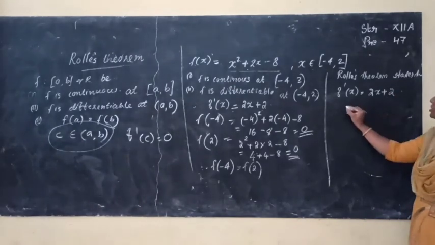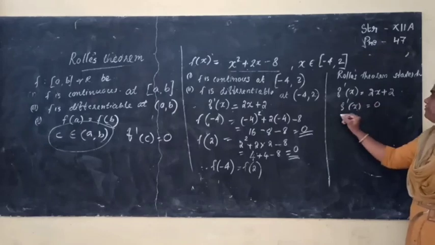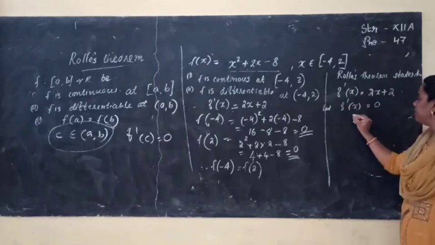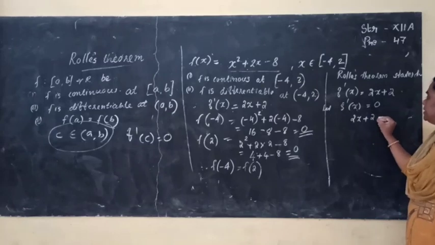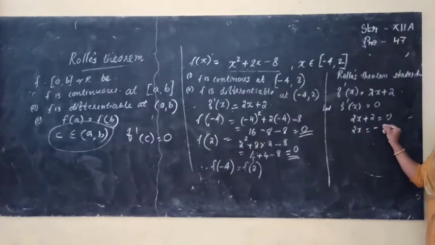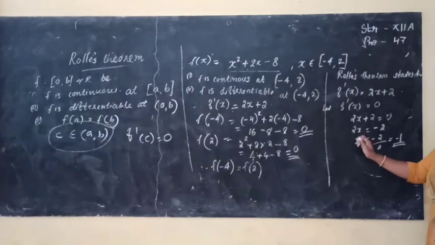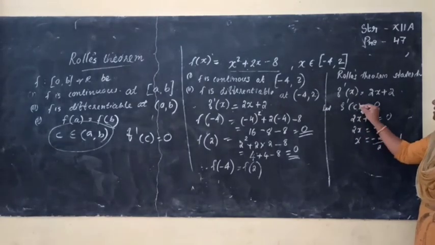Let f dash x be equal to 0. That means 2x plus 2 is equal to 0. Then 2x is equal to 0 minus 2, which is minus 2, and x is equal to minus 2 by 2. It is minus 1.